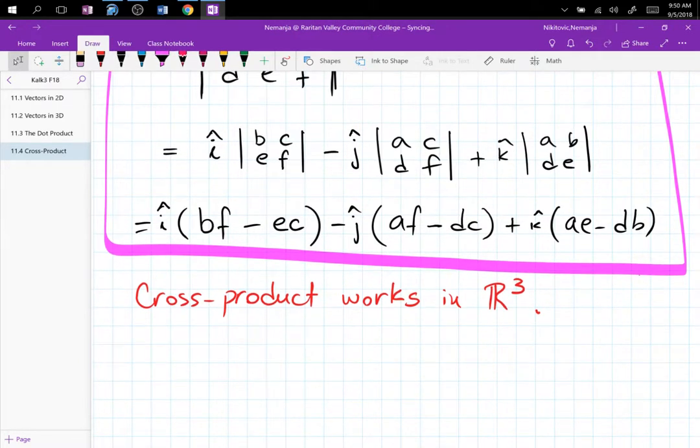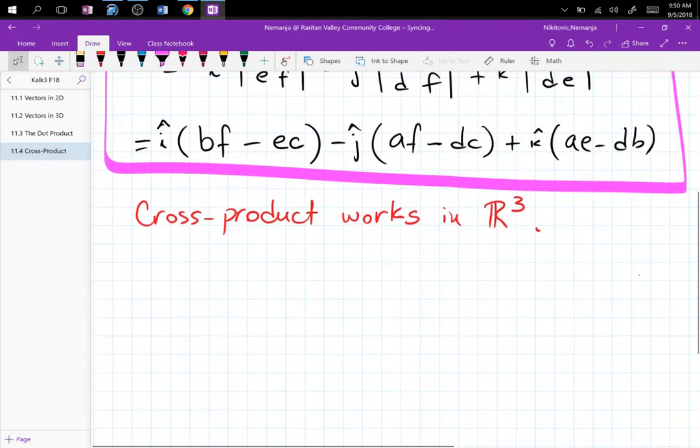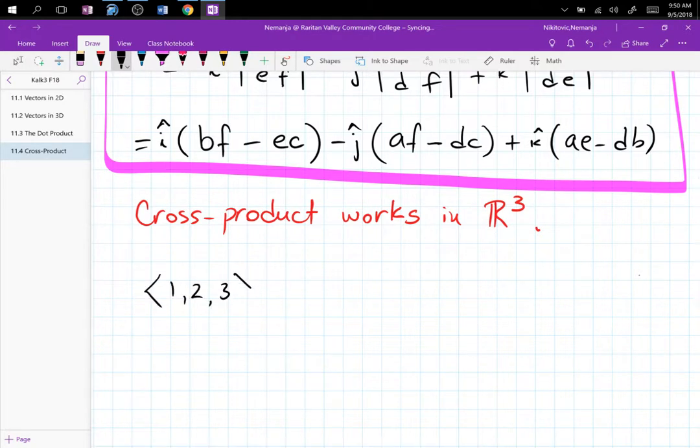So let's just do the cross product between two of these. If I give you the vectors, let's say 1, 2, 3, very creative, right? Crossed with negative 2, 6, and 1.